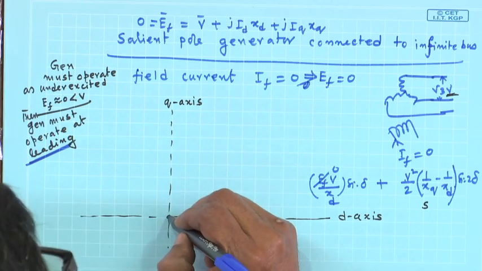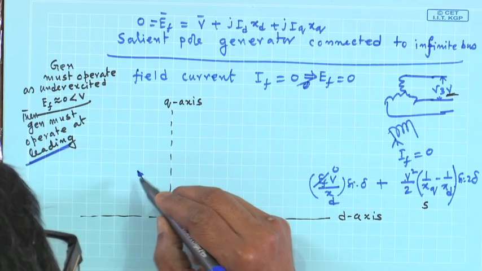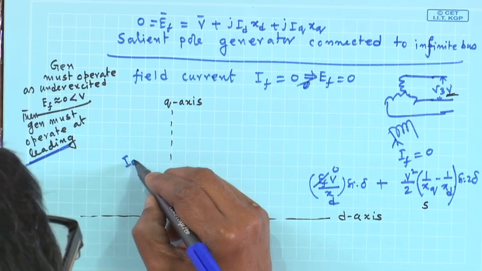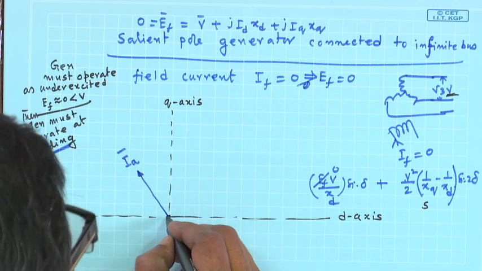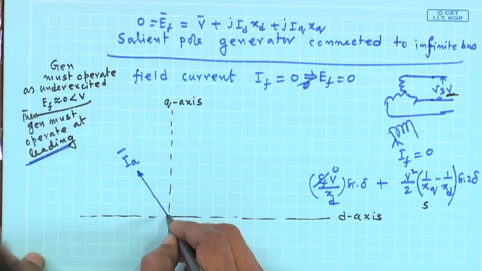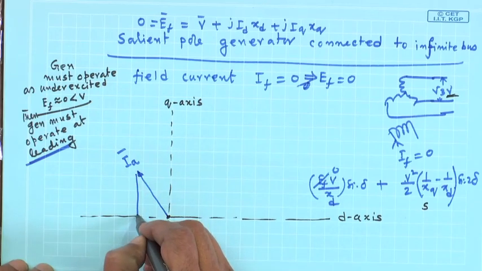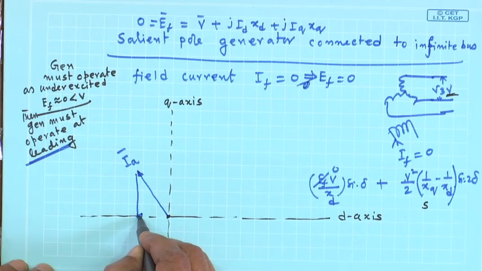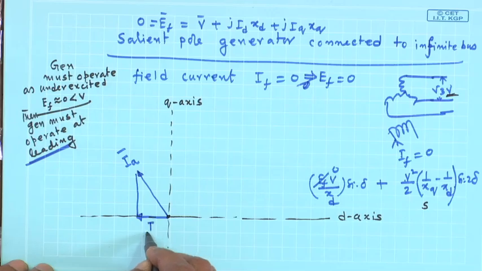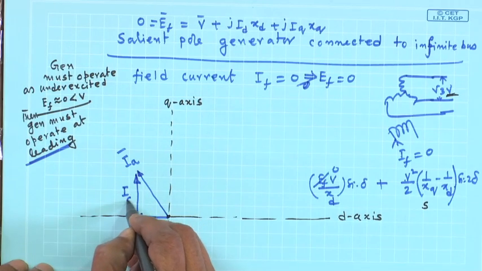So, let me draw the armature current. Suppose the armature current is here, IA. EF is not there, but vanishingly small along this line, that is the 0 collapse. Then I know where my ID and IQ are: this one is your ID and this one is your IQ.